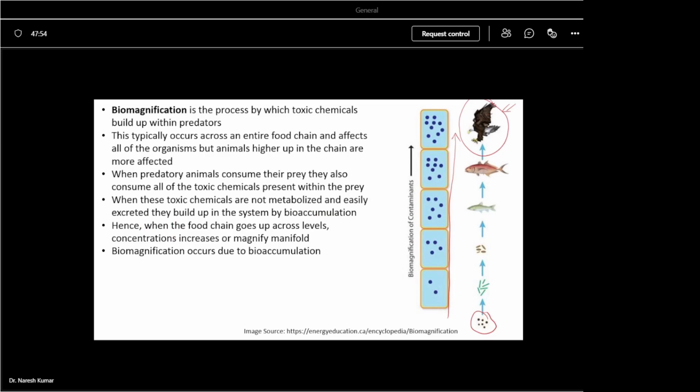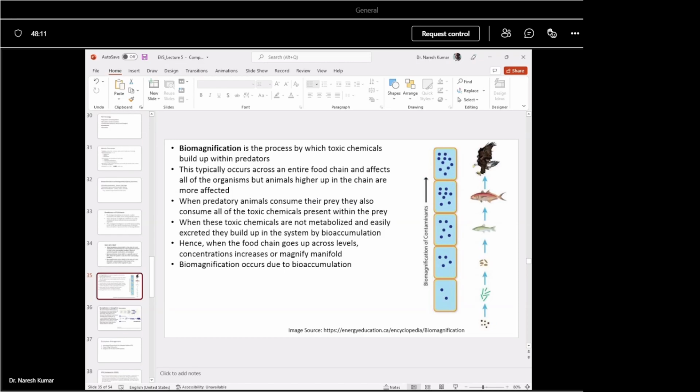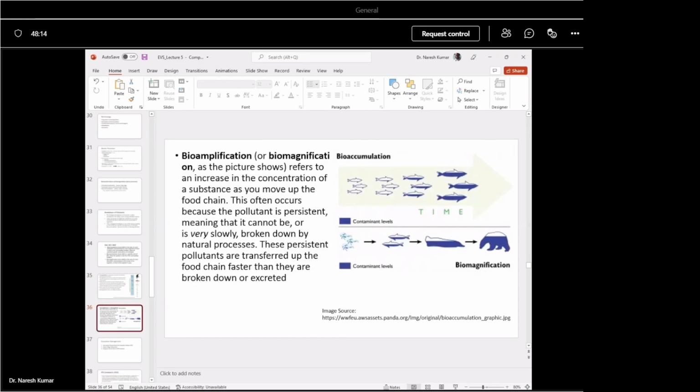So bioaccumulation is the process of building up. Biomagnification is once the pollutant moves from one trophic level to another trophic level. That means biomagnification occurs due to bioaccumulation. This is another example.